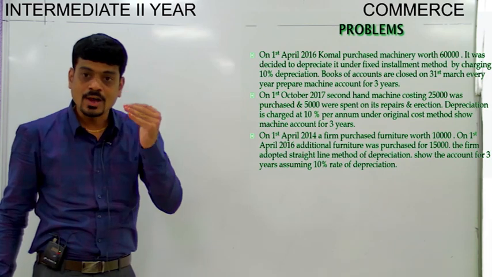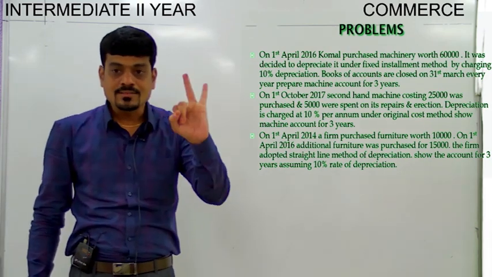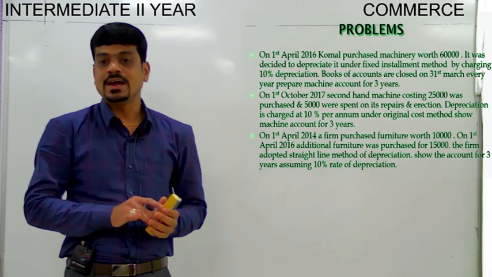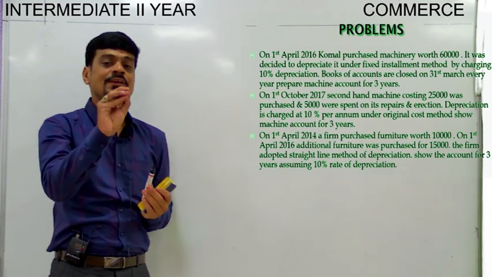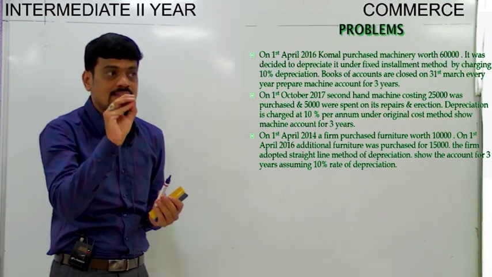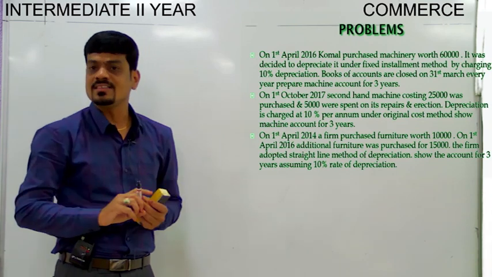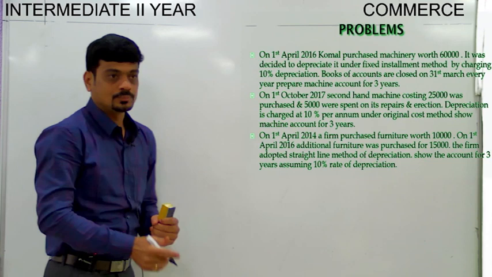We are putting it to use for less than 12 months: October, November, December, January, February and March. So here we'll calculate depreciation only for 6 months, only in the year 2017 to 18. Afterwards, as usual, we'll calculate depreciation. So we'll solve the problem now.